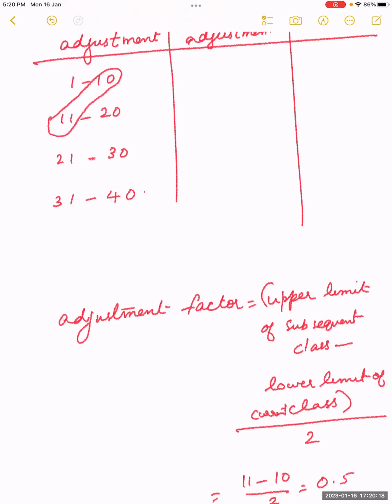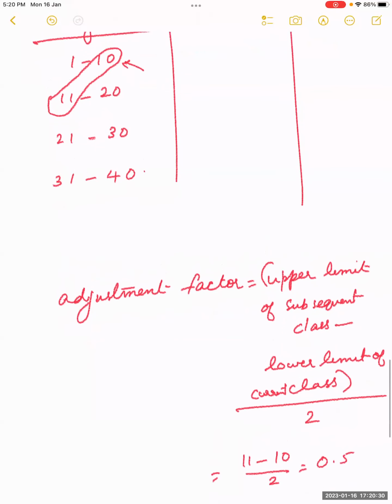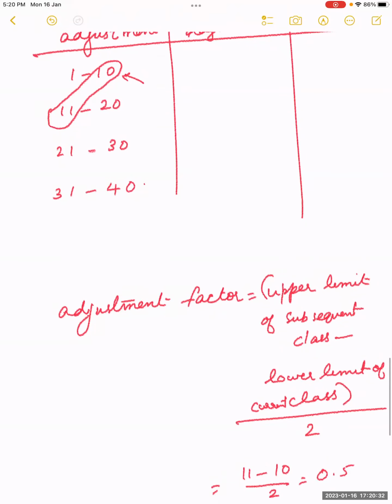That factor, that adjustment factor, you just add to the upper. Wait. What did I do? I have written it wrongly. It's actually the lower limit of the subsequent class minus the upper limit of the current class. I'm really sorry. That's what you need to do.